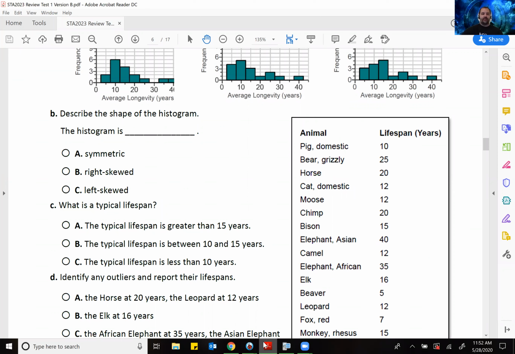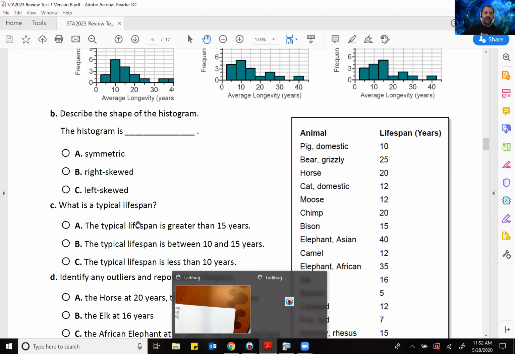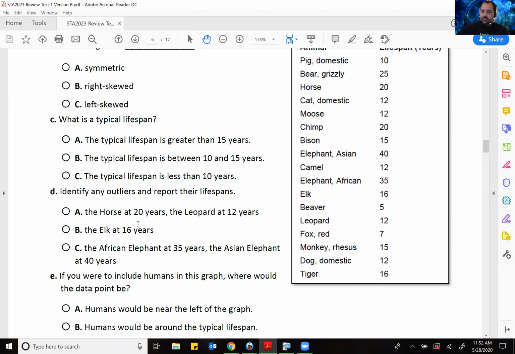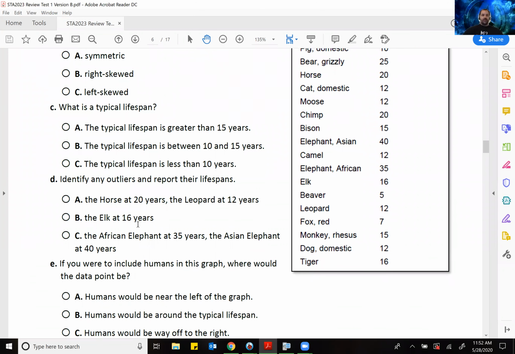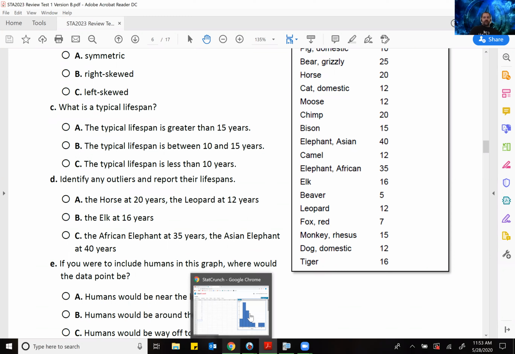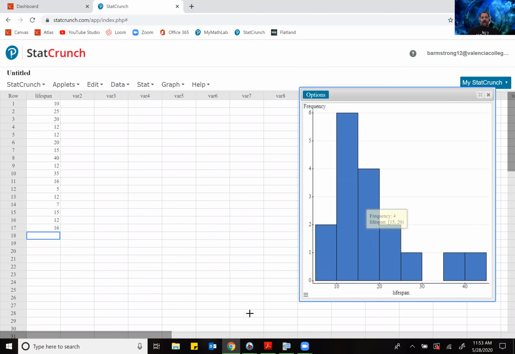And then down at the bottom, it says identify any outliers. Okay. So if we look at this, do I have any outliers? Yes. Who? 40. So whoever these two are, right?